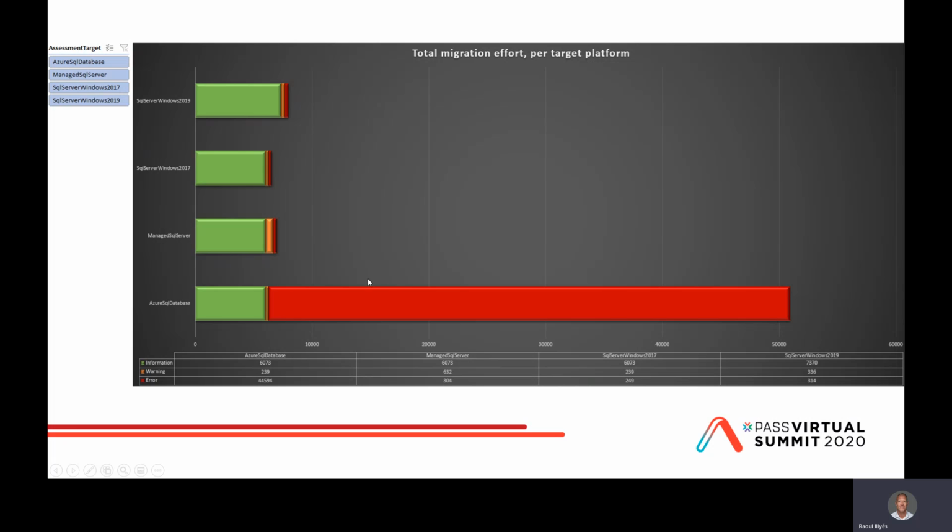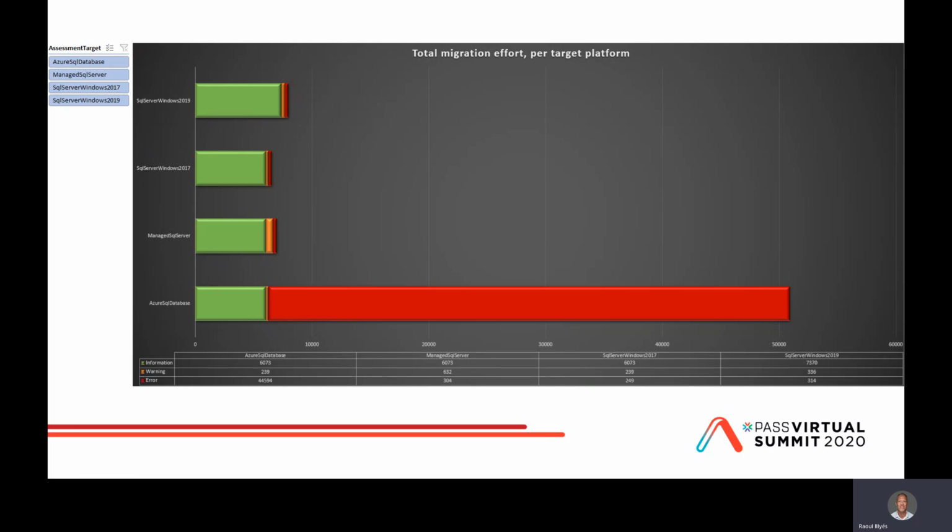Now, there's a huge difference between managed instance and Azure SQL Database. Even though they're both PaaS, you can see that the red bar for Azure SQL Database is huge. This in itself tells us that for our complete total data estate, this is not a good idea, right?